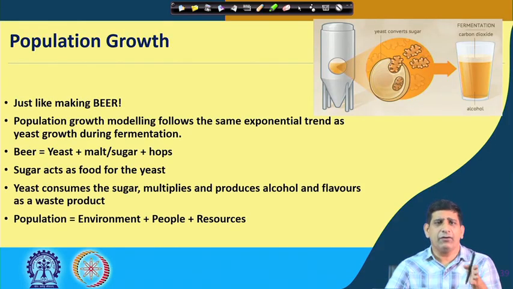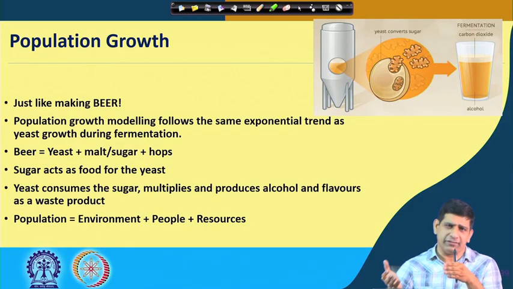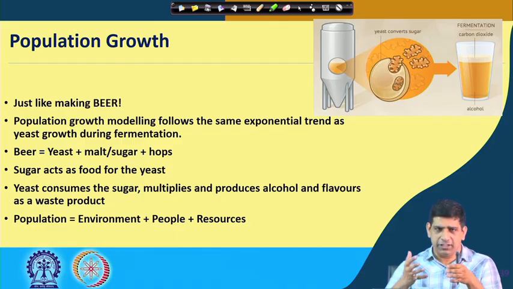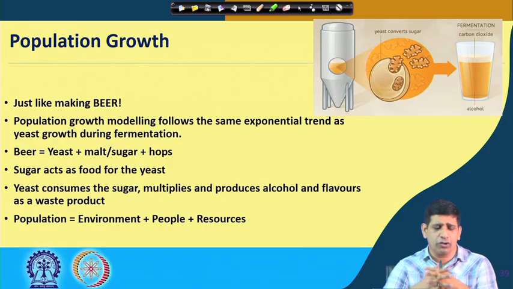So, as I said, we'll try to have some basic concepts associated with population as well. When we say growth in population, in the previous example we used the arithmetic increase method, but that is one way of doing it, and there are a lot of other ways. Population growth is just like making beer.